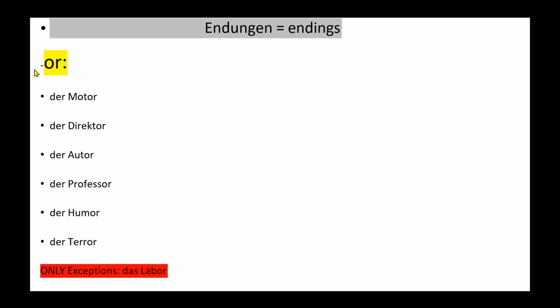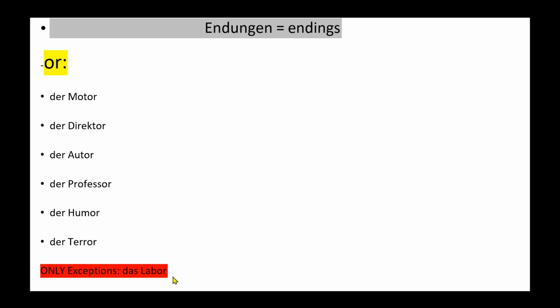Like we can see in this slide, it is -or: Motor, Direktor, Autor, Professor, Humor, Terror. They also come with the article der: der Motor, der Direktor, der Autor, der Professor, der Humor, der Terror. Here we also have one exception, which is Labor: das Labor.